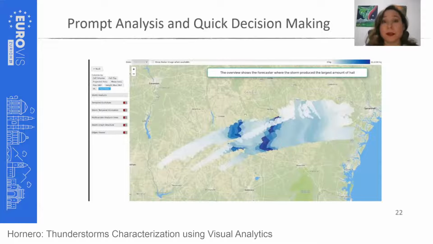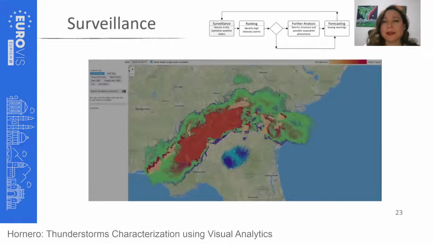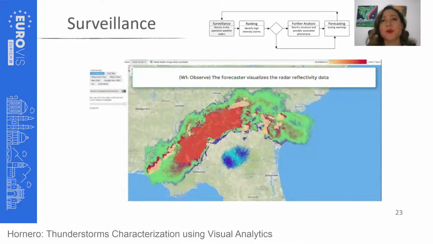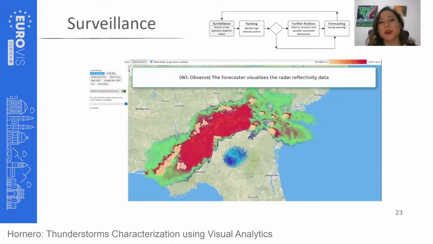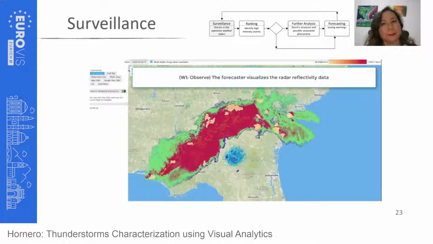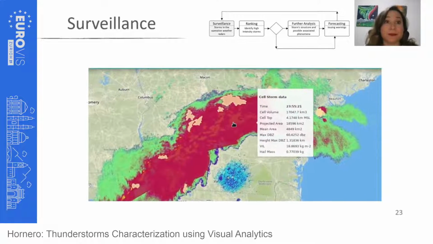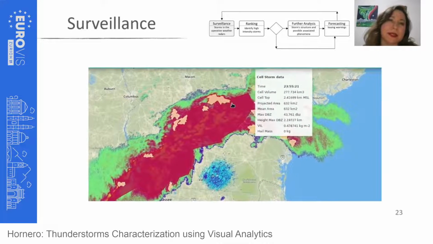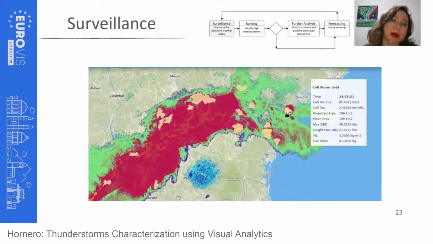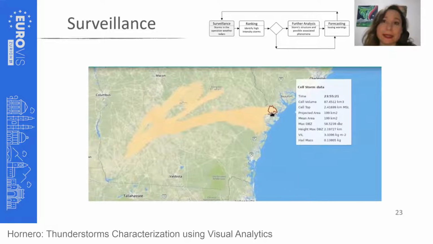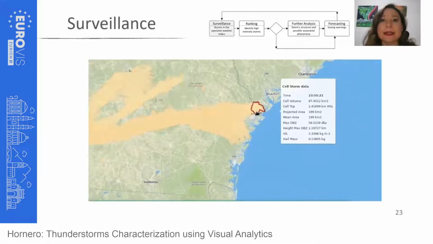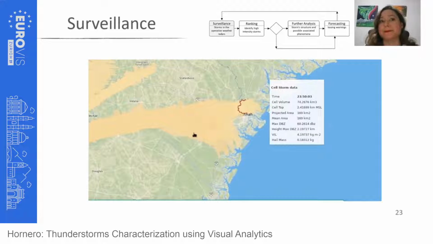In a surveillance task, forecasters first need to overview the horizontal distribution of the radar reflectivity and then to analyze other derived properties. So to assist them in this task, we designed a map overview showing the latest radar data and the latest detected storm cells.